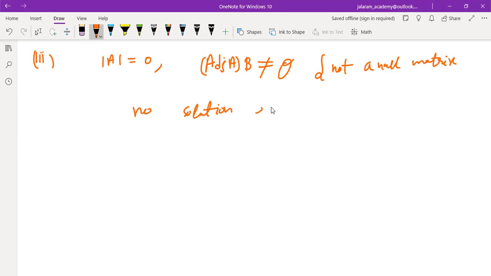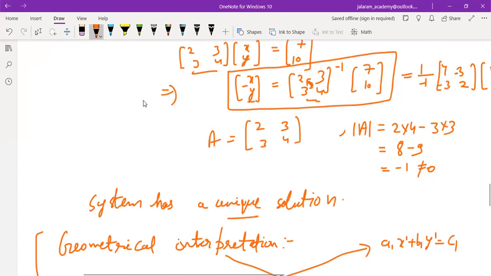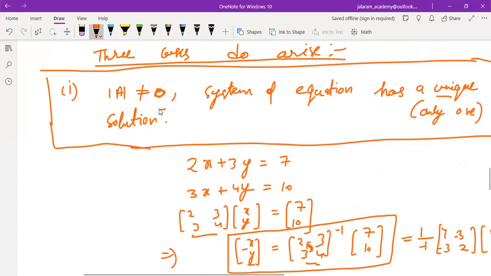It is the condition of inconsistency of the lines.